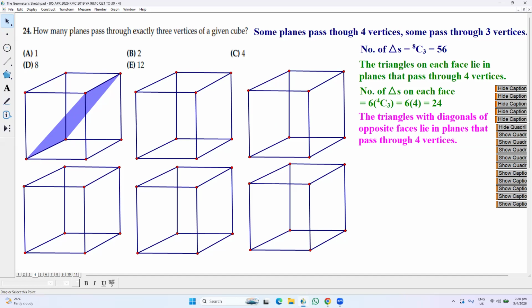Front face and back face. So there are two diagonals for each face.